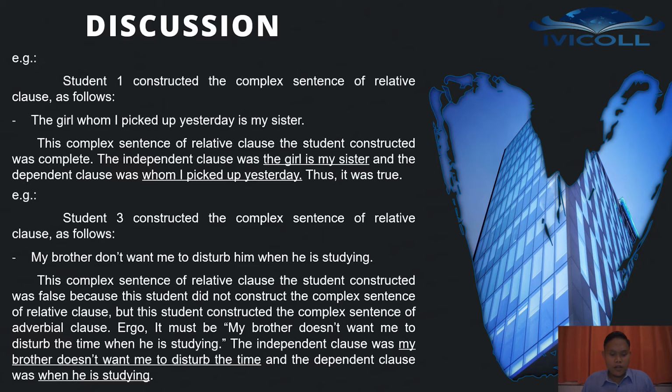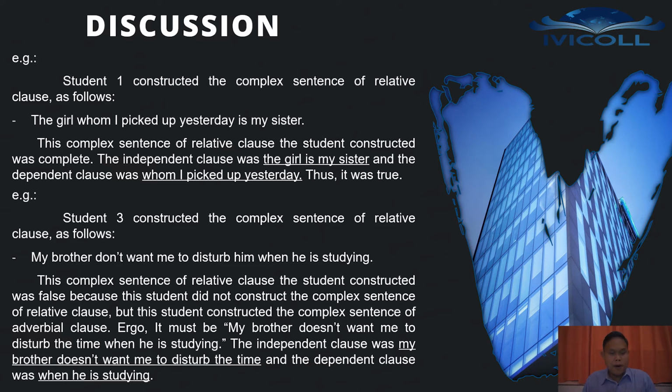And the next one is student 3. Student 3 constructed the complex sentence as follows. My brother don't want me to disturb him when he is studying. This sentence was false, inasmuch as this student did not construct a complex sentence of relative clause, but constructed a complex sentence of adverbial clause.